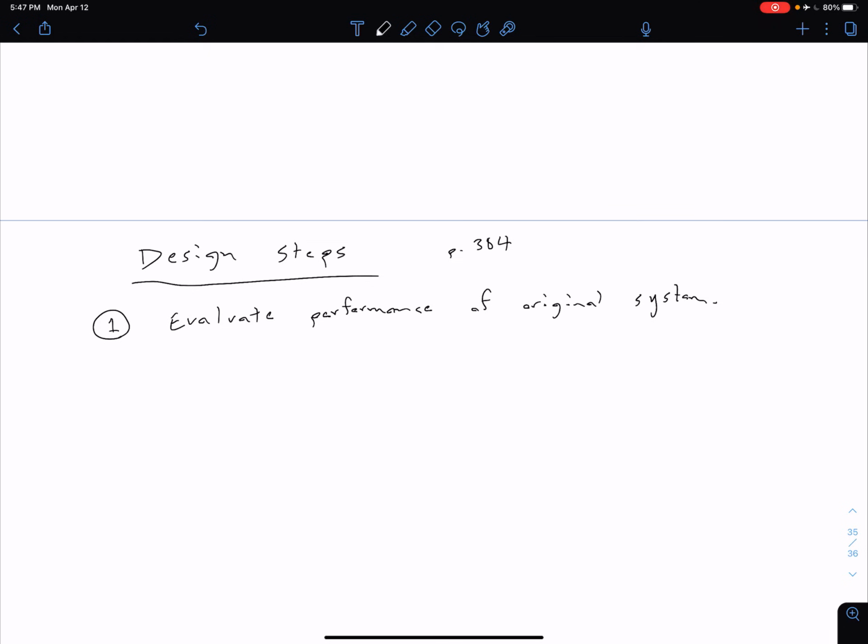We absolutely need to know what that original system's response was. So very important first step that could often be overlooked. Our second step is, as we mentioned in the previous video, we're going to start by designing for our transient response. What that means is we're going to start by designing our PD controller for our desired transient response.